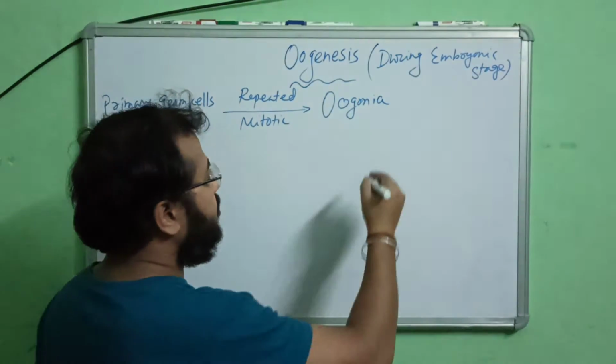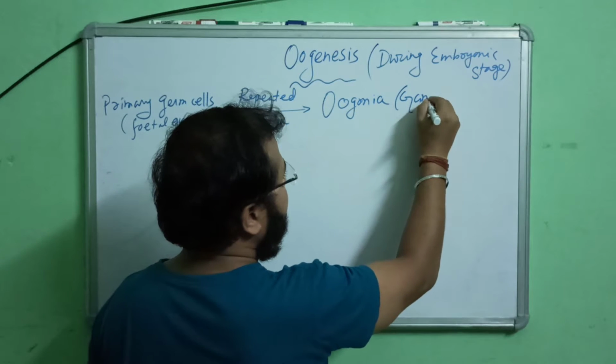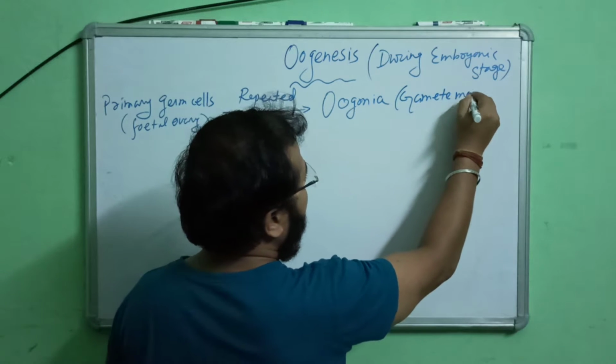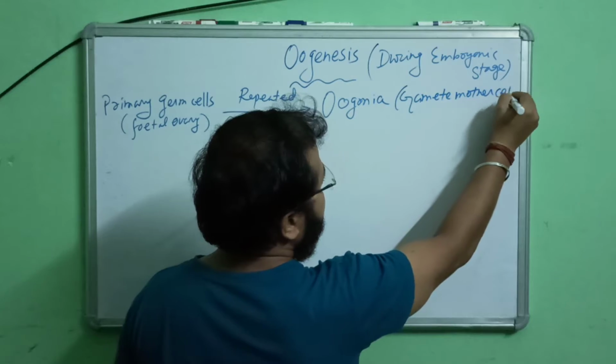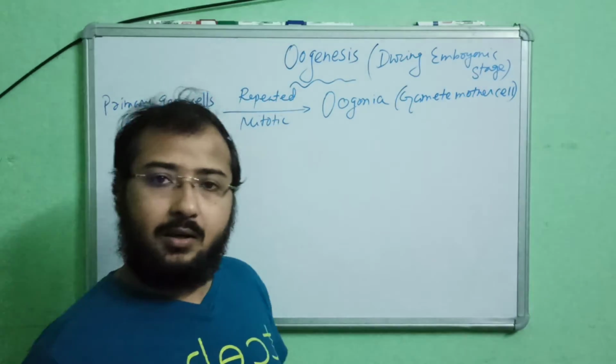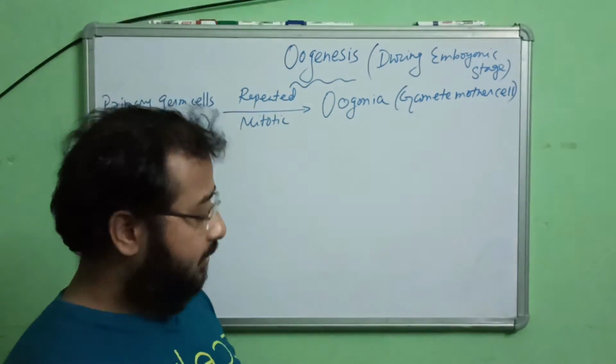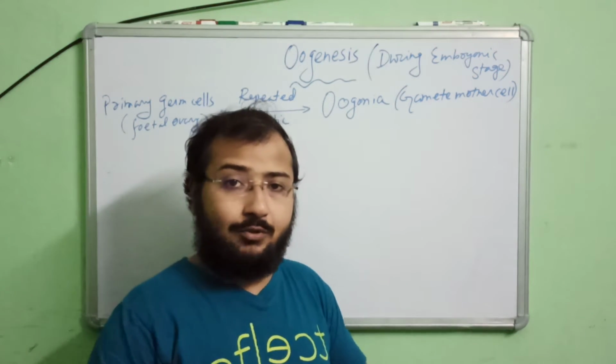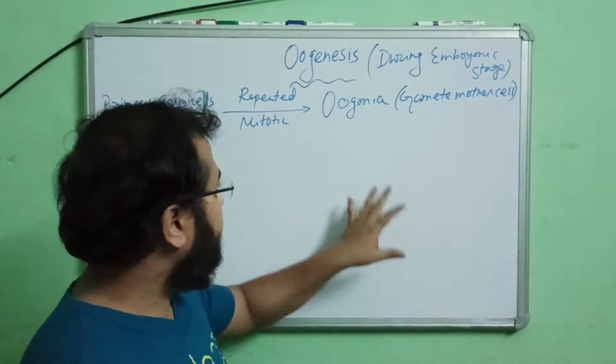This oogonia is known as the gamete mother cell. Now remember something very important about oogonia.